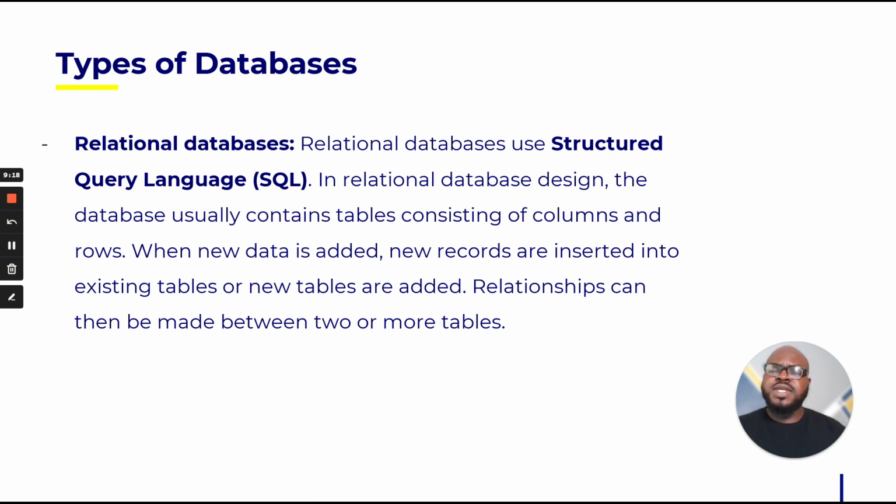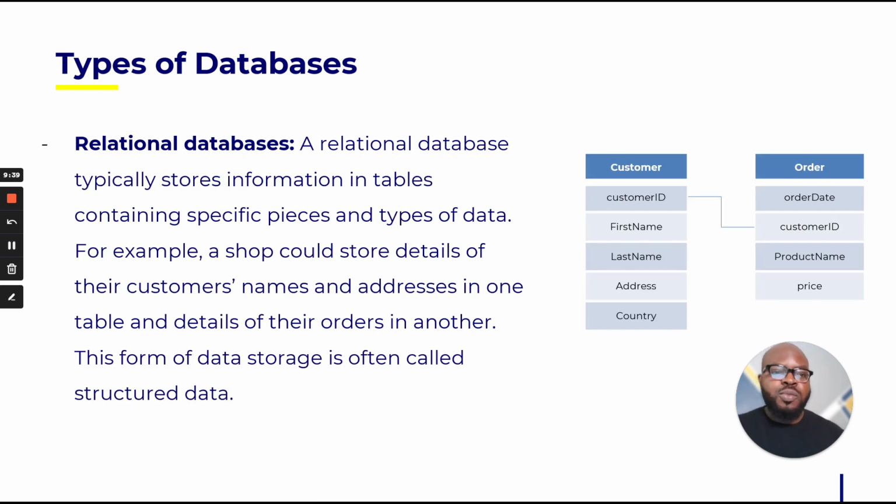And then relationships can be made between 2 or more tables, and that's what makes that group of tables a database, when we have a relationship between table A and table B and table C. The relationships that I speak of are in terms of common columns. We relate 2 tables by the common columns in the database.